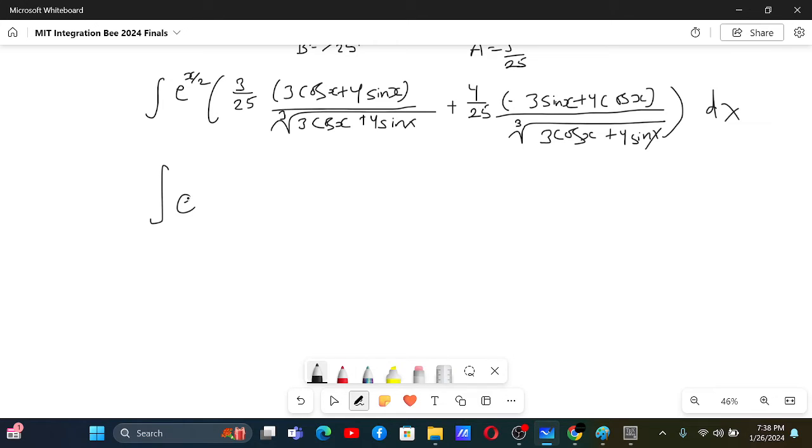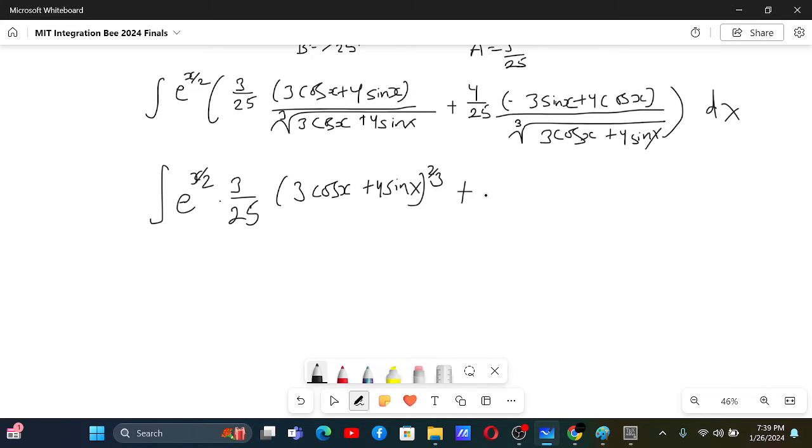Integral of e to the power x by 2, times 3 by 25, and that can be written as 3 cos x plus 4 sin x to the power 2 by 3, since 1 minus 1 by 3.